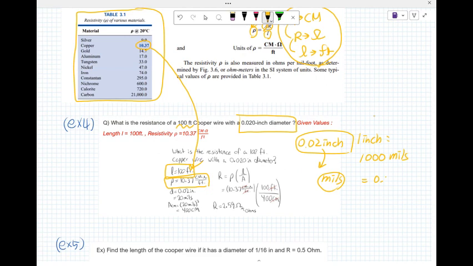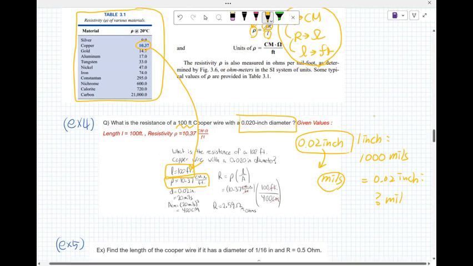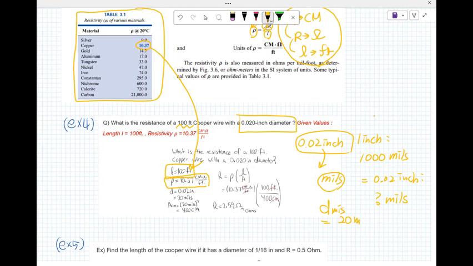So 0.02 inch is a diameter of 20 mils. The 20 mils, as we learned before, squared, is finally 400 circular mils.